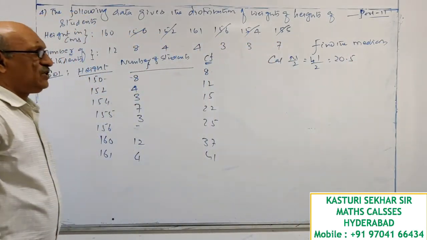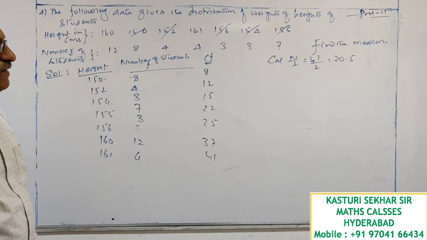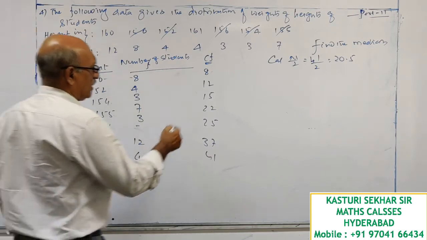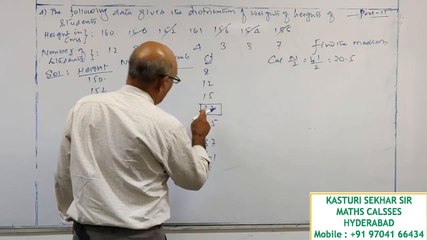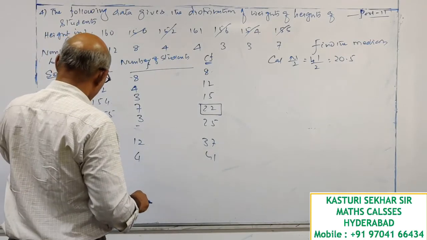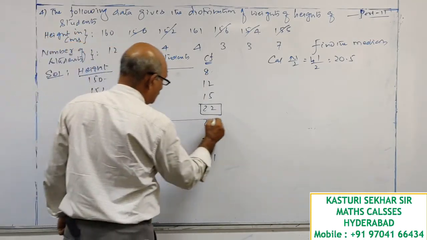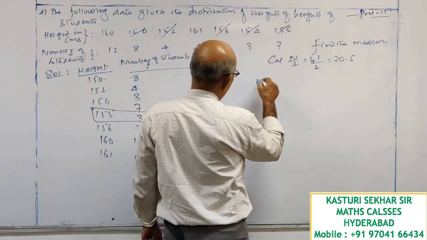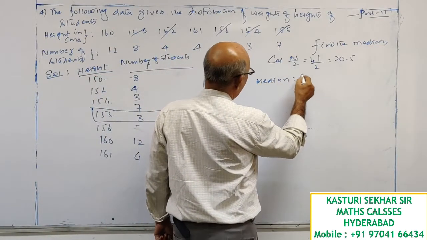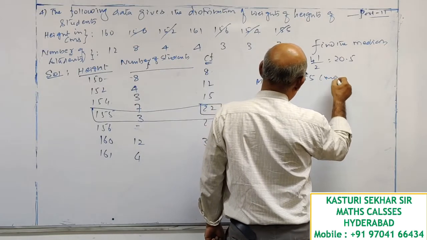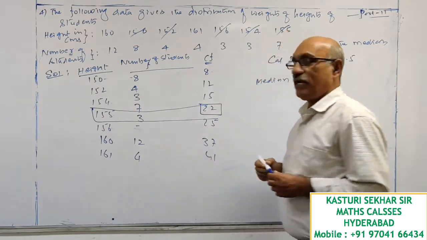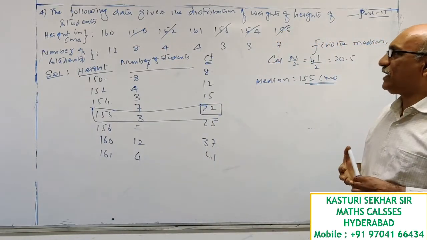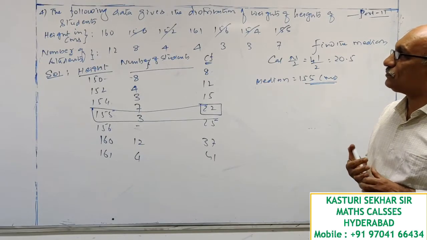See a value which is just greater than 20.5 in the cumulative frequency column. So 22 is the value. So median is equal to 155 centimeters. This way you have to calculate median for a given set of observations.